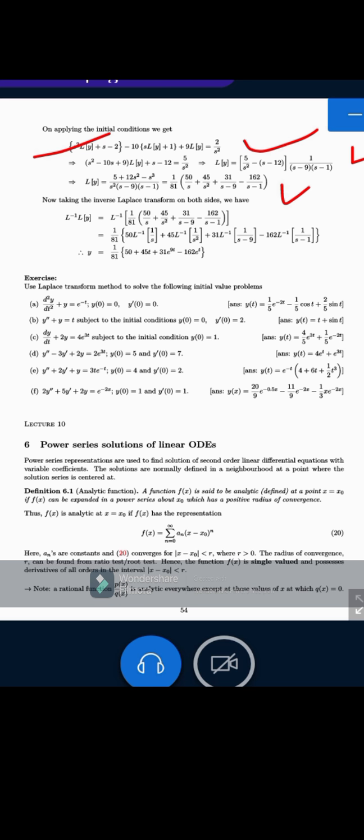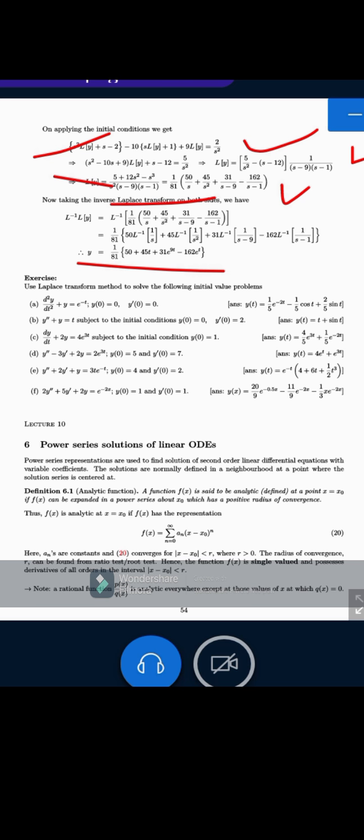Having obtained Ly, you now get the Laplace inverse on both sides for you to be able to find the solution to that differential equation.